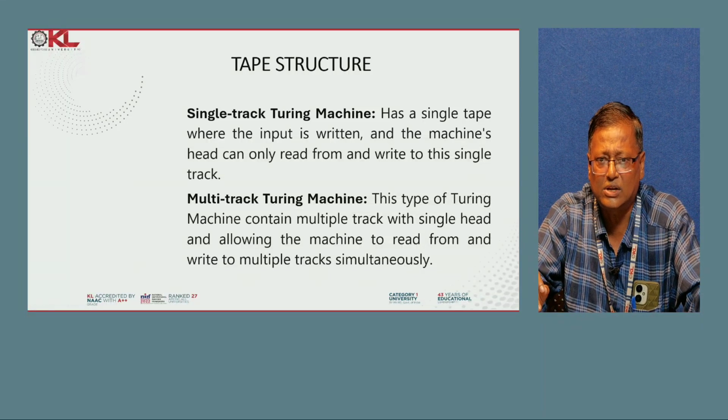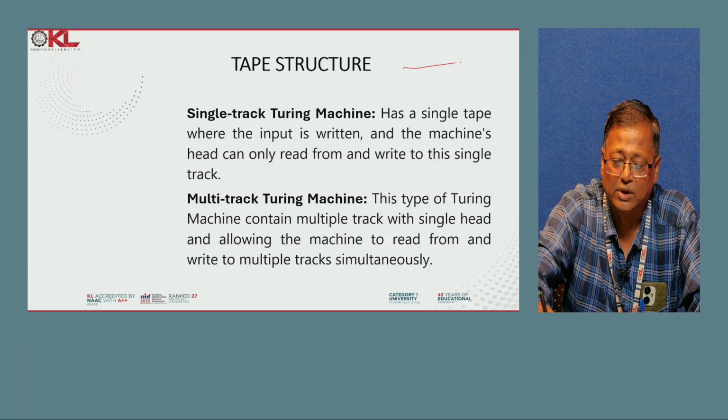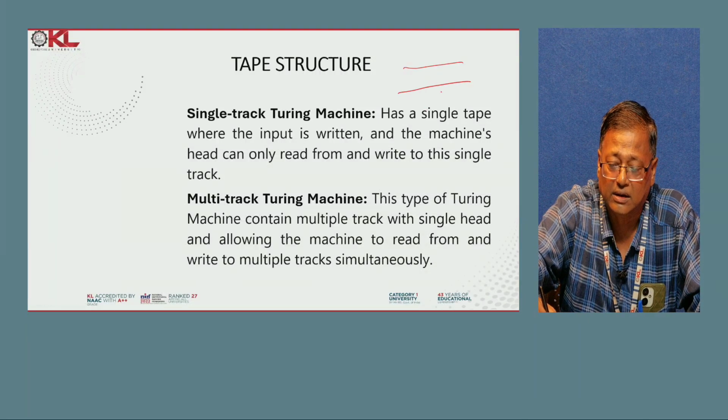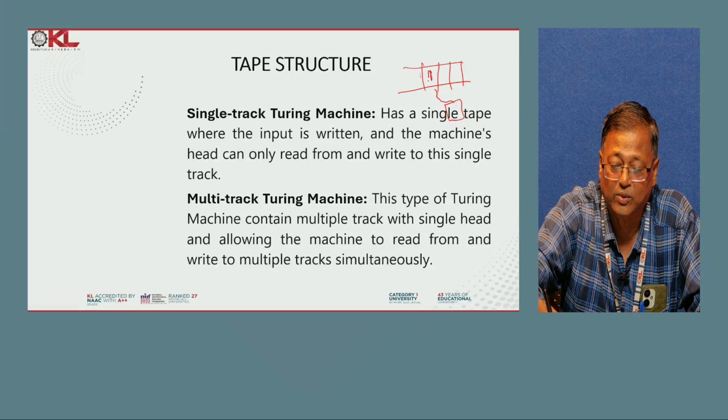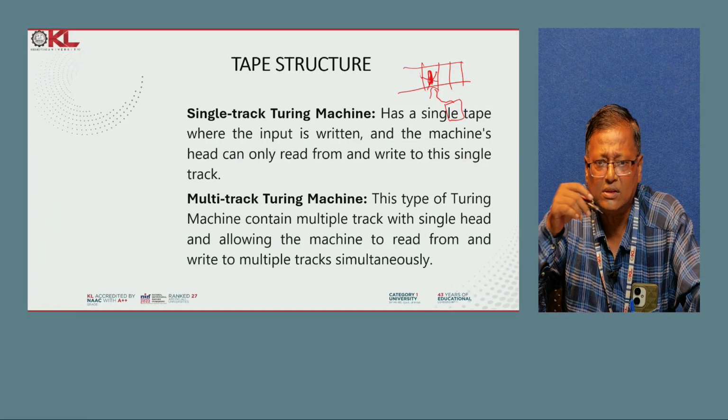A single track Turing machine has a single tape where the input is written, and the machine can only read from and write to the single track. For example, here is the single track Turing machine with the read write head here. If the symbol 1 is present here, then it reads the 1 and makes it X, like that. It reads and writes in the single track.